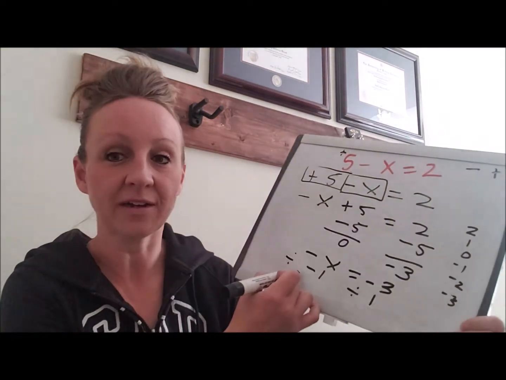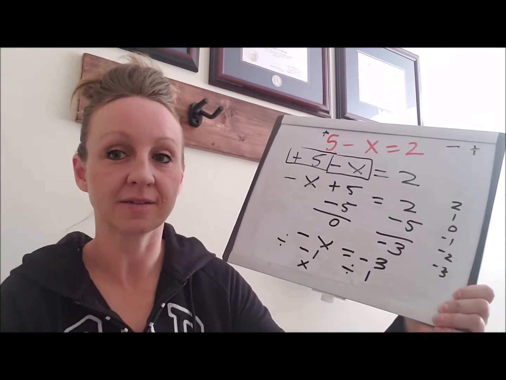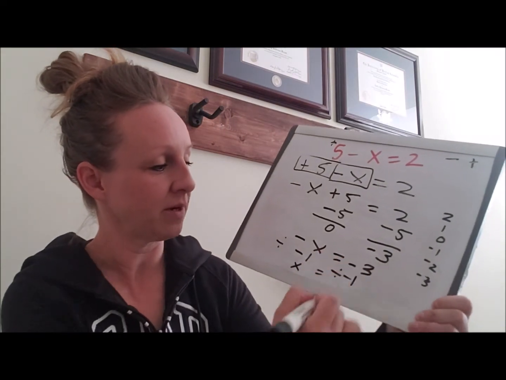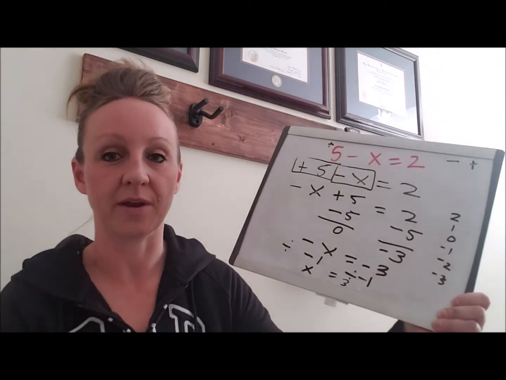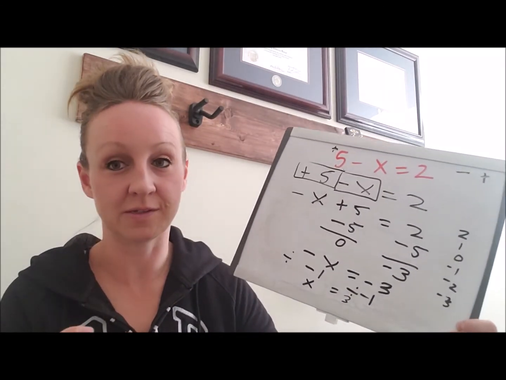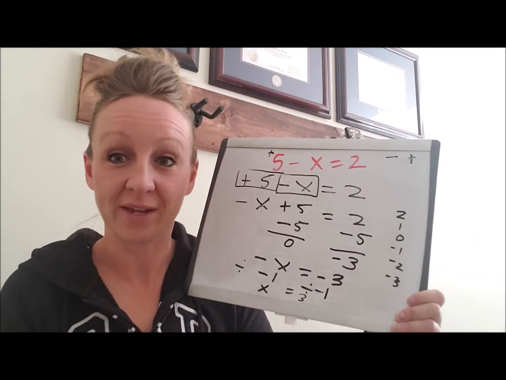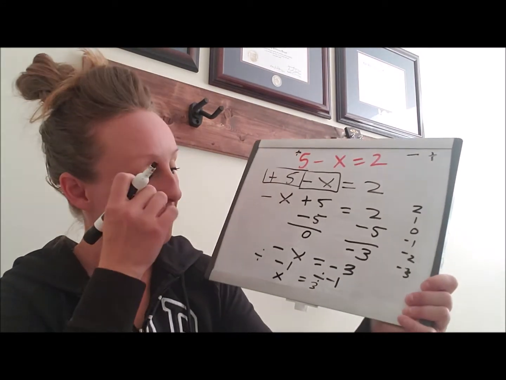So negative x divided by negative 1 becomes positive x. Negative 3 divided by negative 1 equals 3. Trust me, I know this is not the love of my life, okay? But we can do this. I'll show you again in one other example.